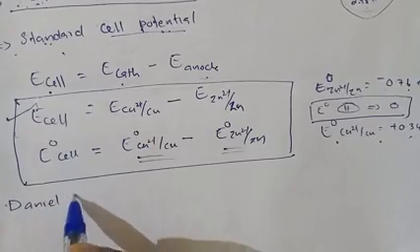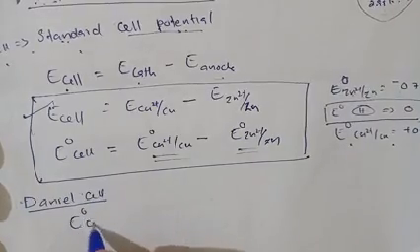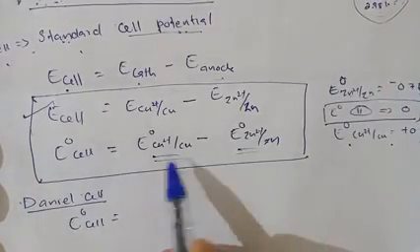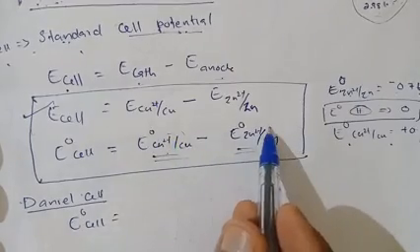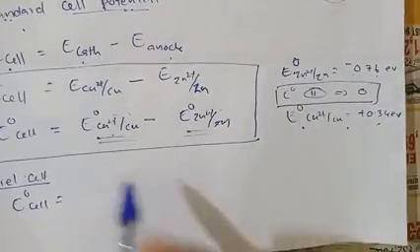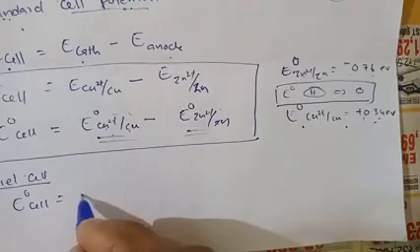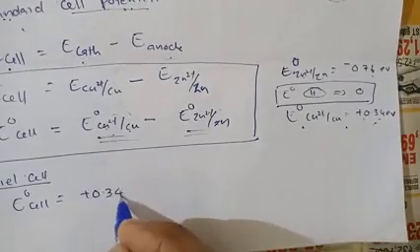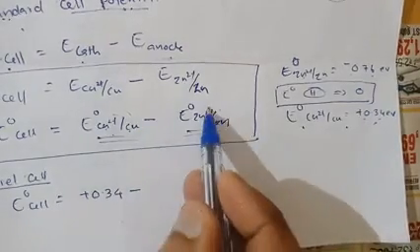For a Daniell cell, zinc and copper are used as electrodes. For a Daniell cell, E0 cell is equal to E0 Cu2+|Cu minus E0 Zn2+|Zn. It is fixed. So instead of E0 Cu2+|Cu, I can put +0.34 minus E0 Zn2+|Zn.